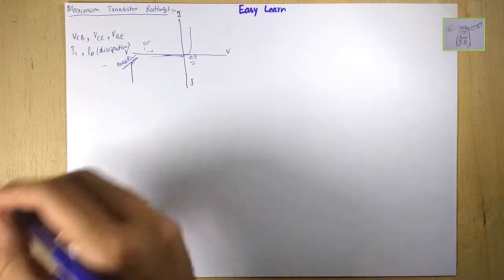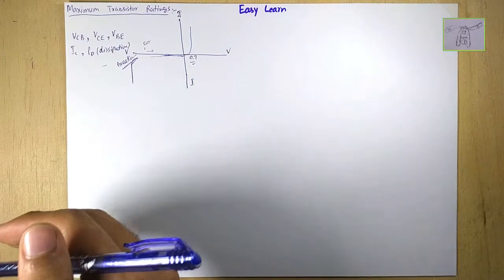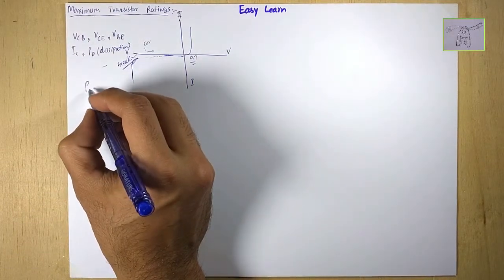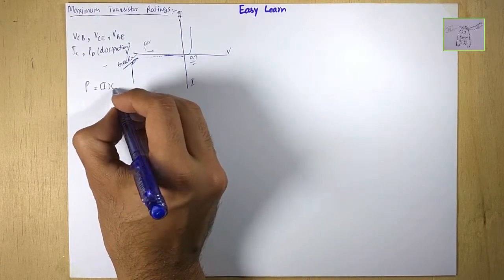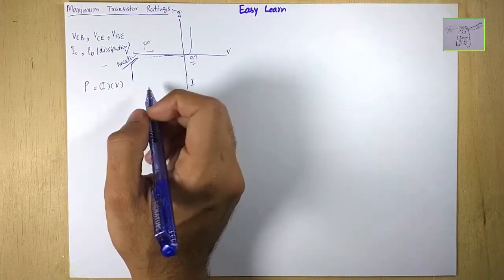Basically our focus is on the power dissipation. The basic formula for power is current multiplied by voltage, or IV, or voltage multiplied by current.